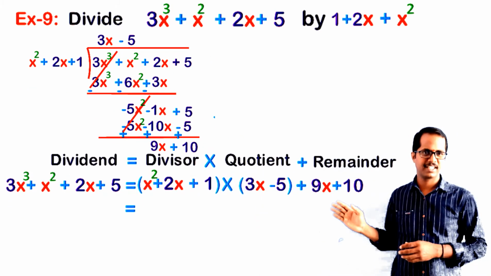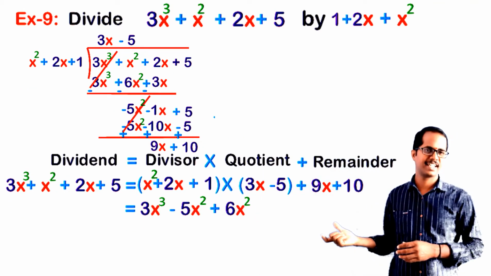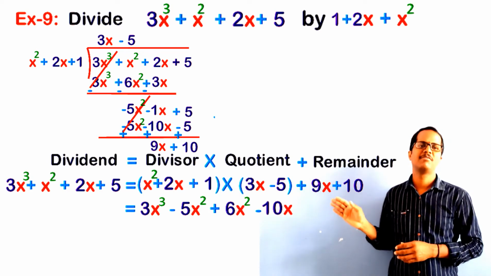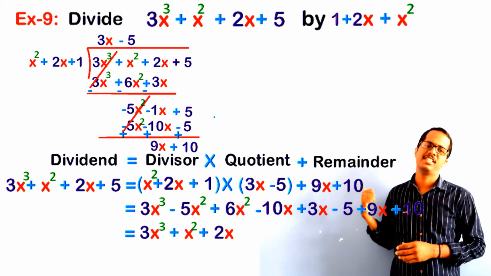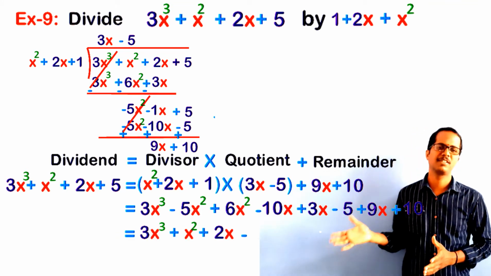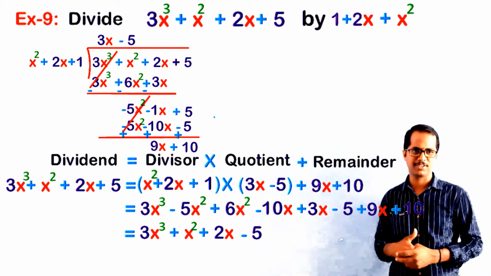Now by simplifying on the right hand side we get the result as 3x cube plus x square plus 2x plus 5, which is equal to the dividend. So the division algorithm is verified for this division also.